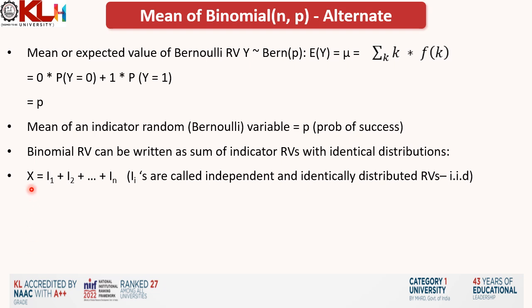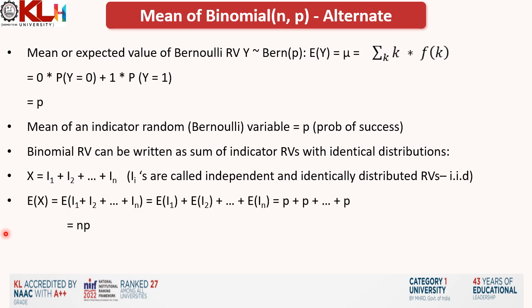So the random variable x can be written as I1 plus I2 and so on plus In, where I is the indicator random variable showing if there is a success or failure in that particular trial. So the total number of successes, which is denoted by x, is the sum of the successes in each individual trial.